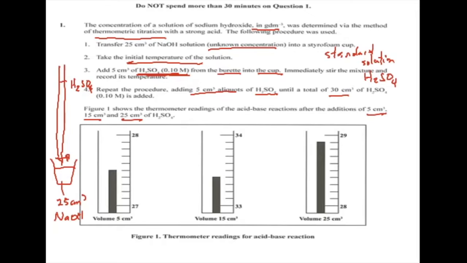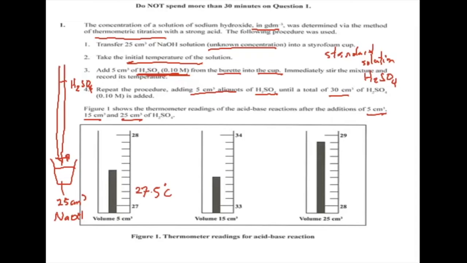So if that's the case, then after we've added 5 cm cube of our acid, the temperature is, what's that? 1, 2, that's 27, that's 27.5 degrees Celsius.